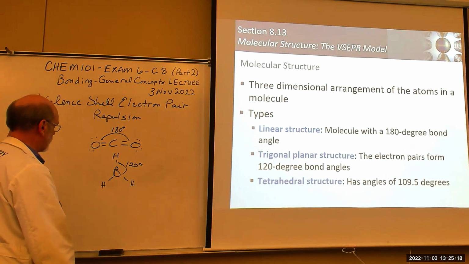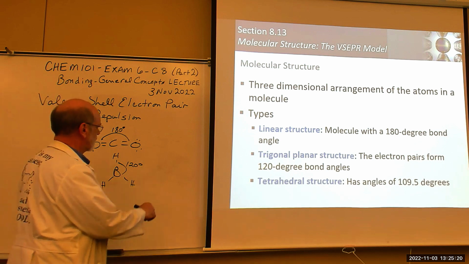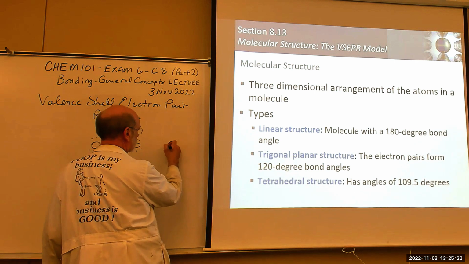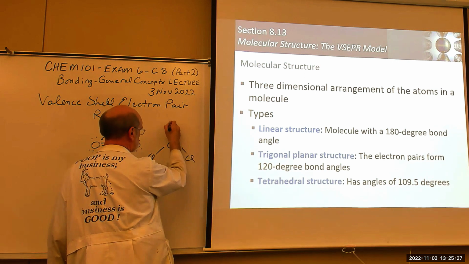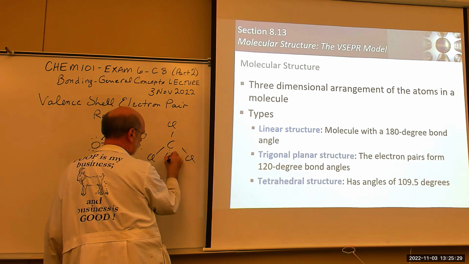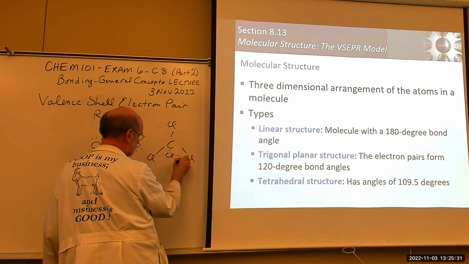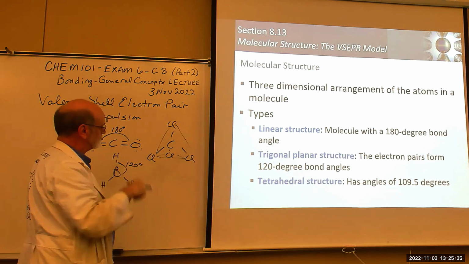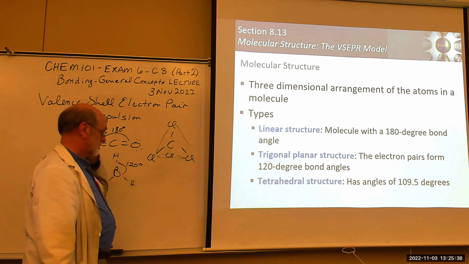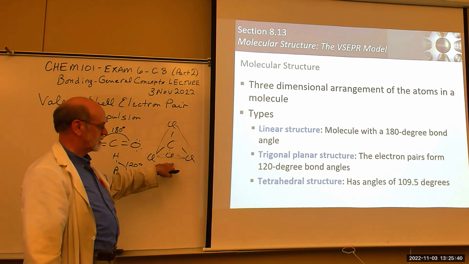Tetrahedral, we showed that one, referenced one: carbon tetrachloride. Chlorine, chlorine, chlorine, and there's one in the back of that. So we could draw a triangular structure here for the base, and then that would give you the tetrahedral structure.